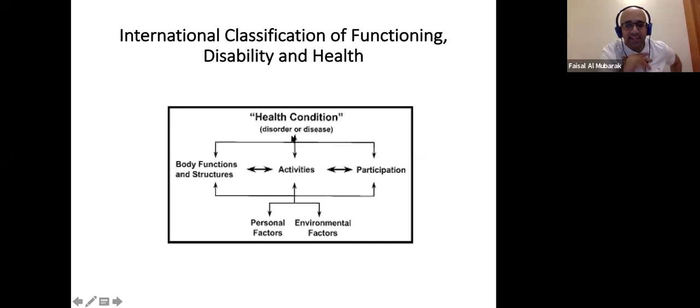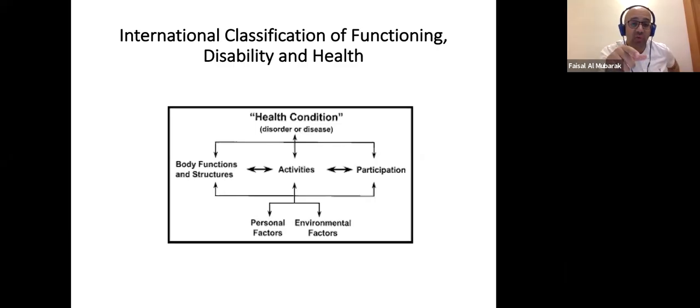As rehabilitation people, it's very important to know the disease, but what's also important for us is to know what's actually impaired. If a patient had a stroke, okay, good to know, but what happened after the stroke? What is the impairment? Is it weakness in the upper limb, weakness in the lower limb, difficulty speaking, anything?